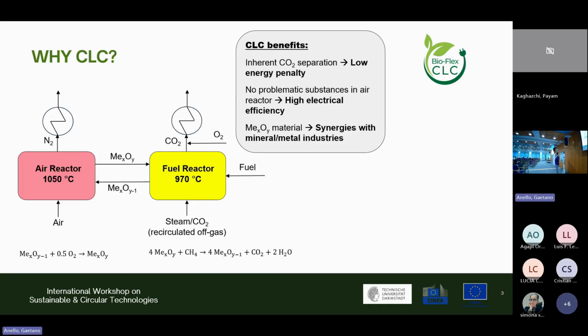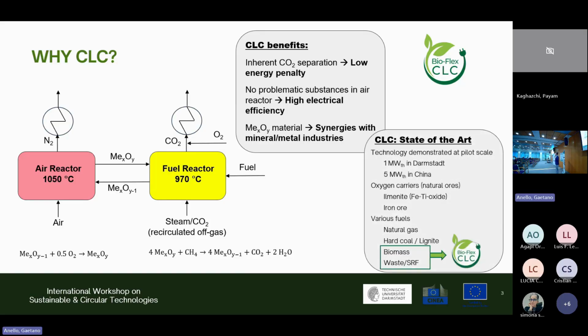And finally, with the oxygen carrier materials we're currently looking in, we expect a lot of synergies with existing mineral and metal industries, so that either residual materials from such processes can be used as oxygen carriers, or at least spent oxygen carrier from this process can in part be reused in these existing processes.